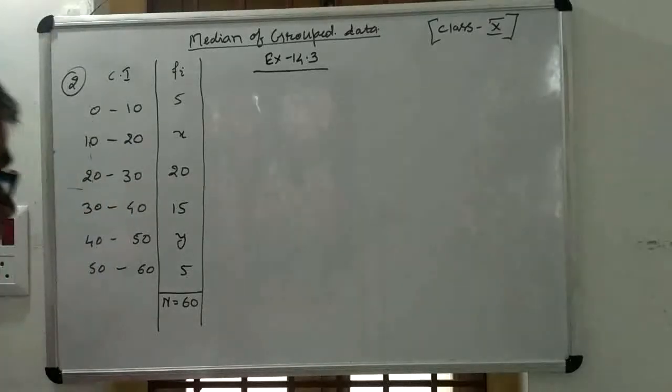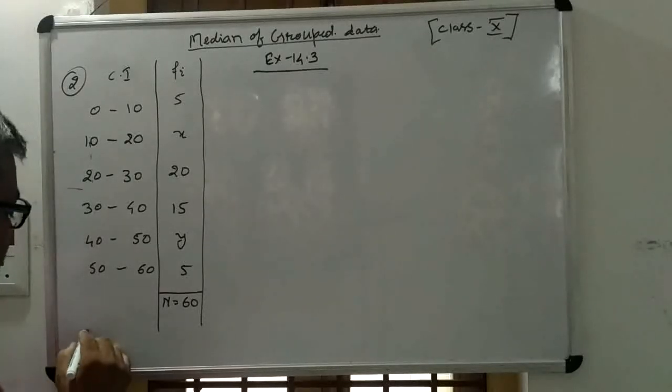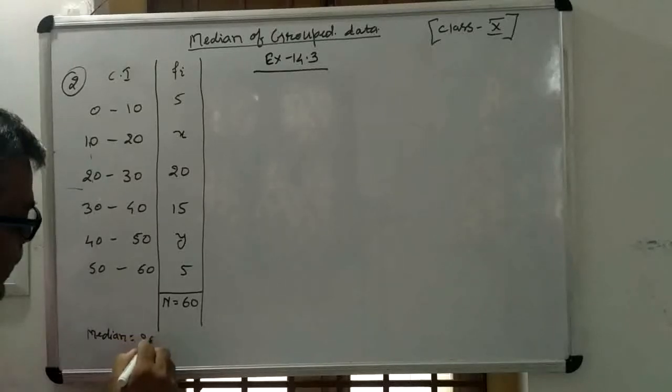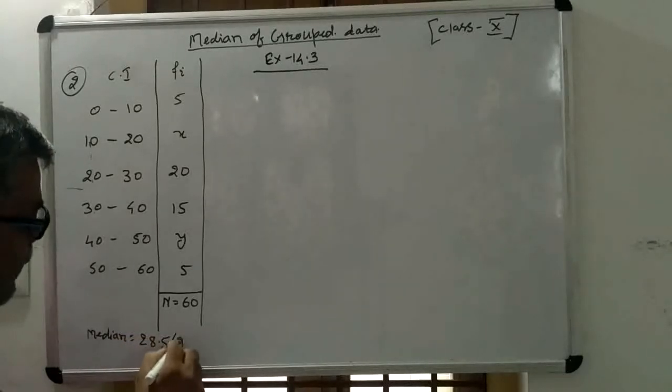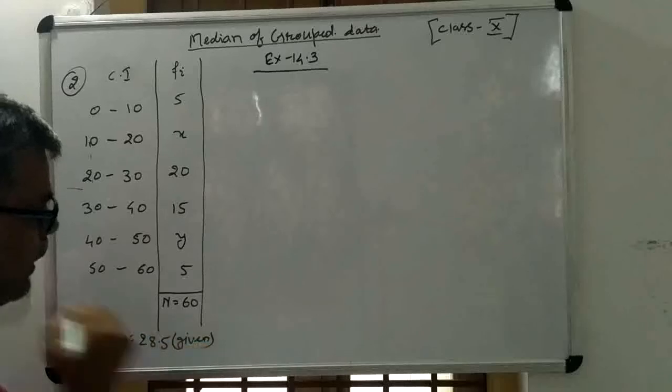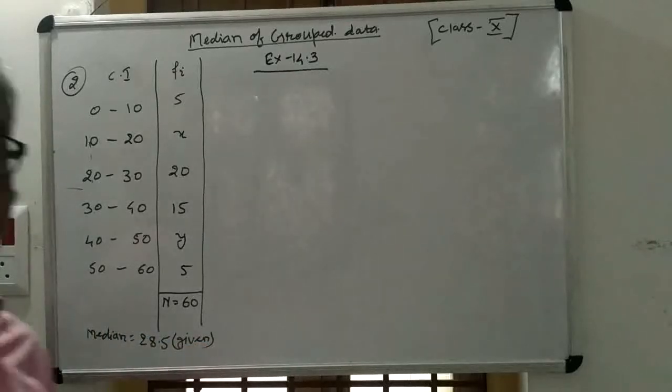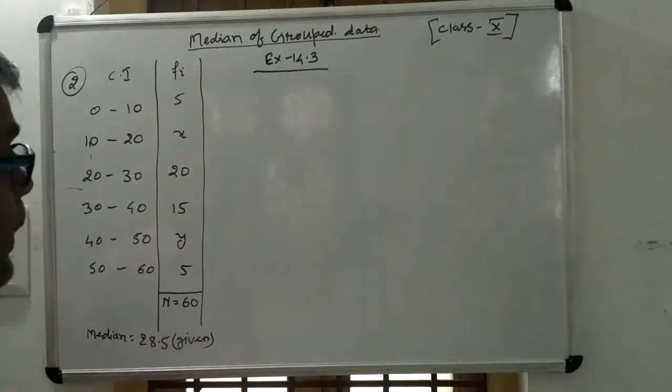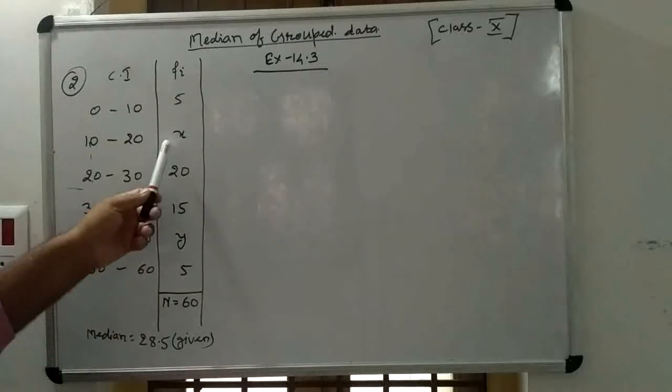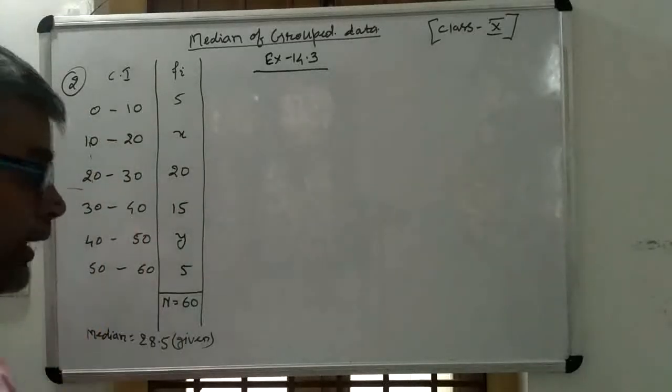You need to find the missing frequencies, the values of x and y. I write here: median equals 28.5, it is given. Now let's see how we will find the values of x and y.